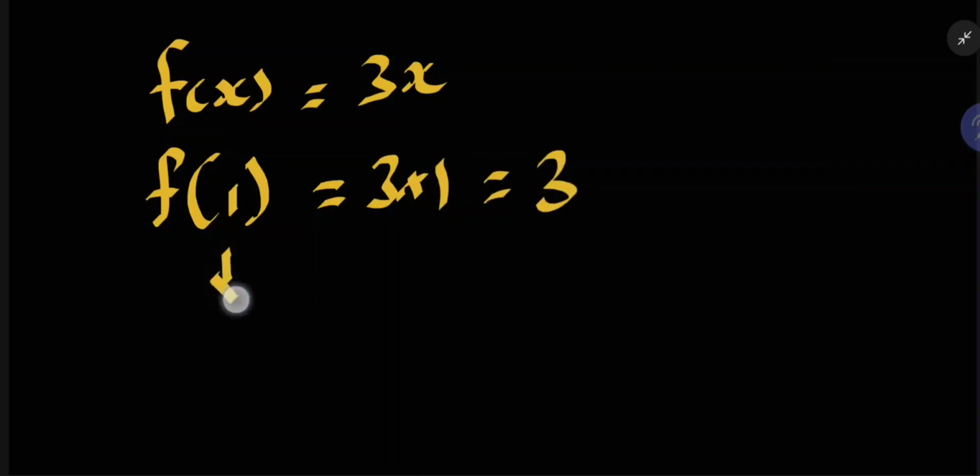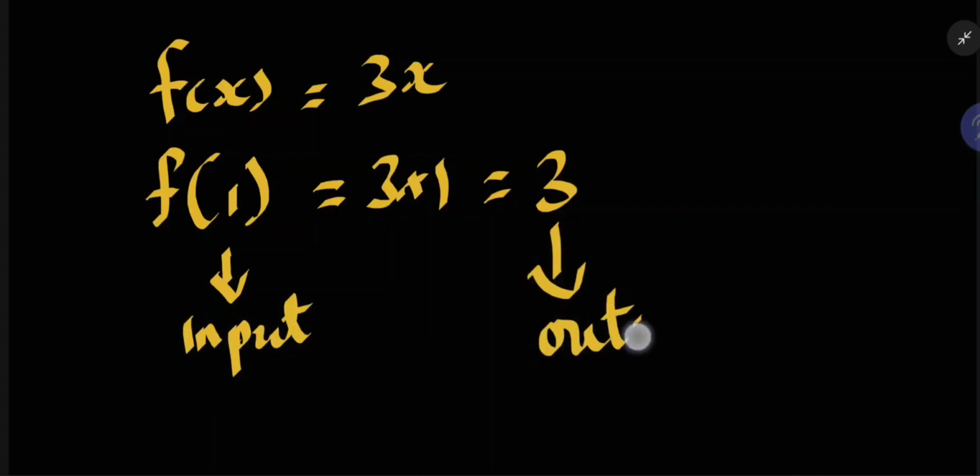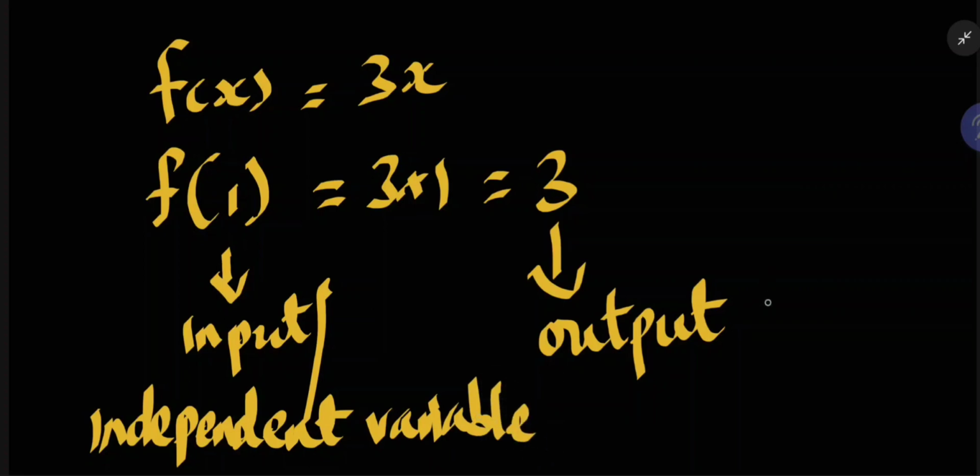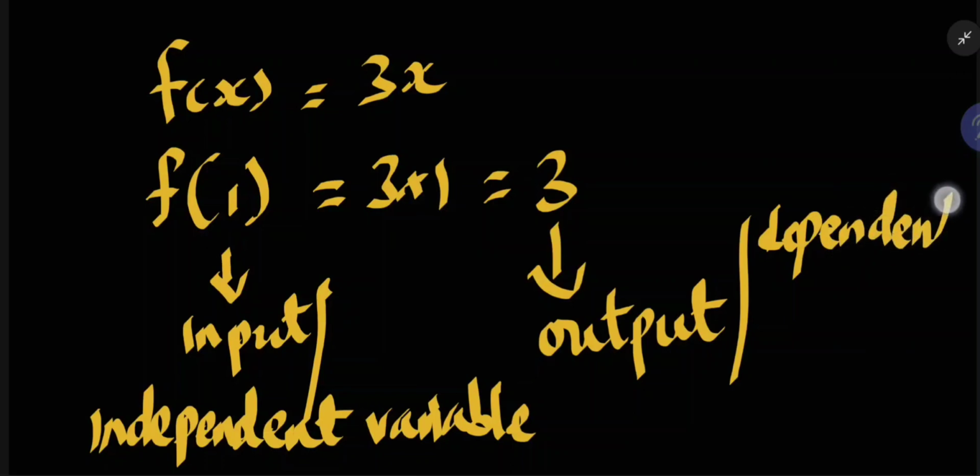So we call 1 our input, and we call 3 our output. Another fancy name for input is independent variable. And another name for our output is dependent variable.